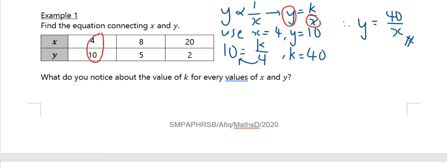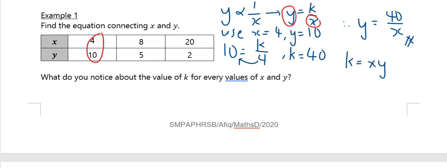So that's your equation. What do you notice about the value of k for every value of x and y? From the original y equals k over x, we can change the subject into k, so k equals x times y.